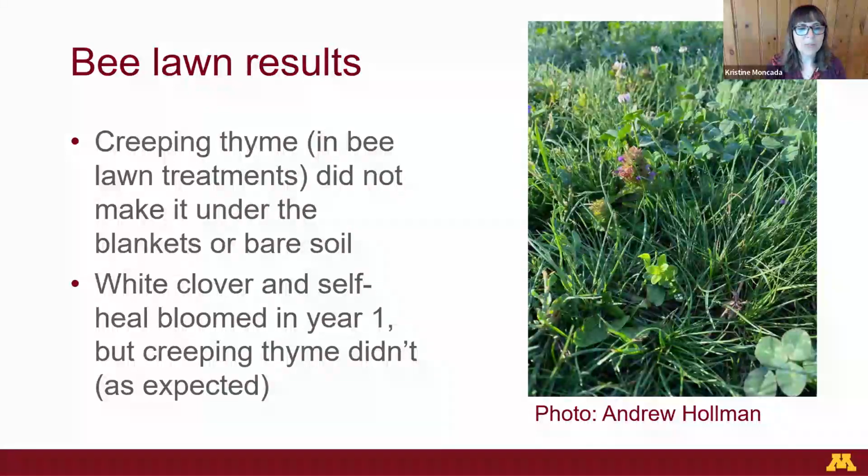Self-heal may or may not bloom that first year, but in this particular year, it did start to bloom in year one. The creeping thyme, when it did establish, doesn't usually bloom the first year. It usually takes a while to establish. You can see in this picture that that's a B-lawn. It has all three of the flowering plants in there, plus the fine fescues.